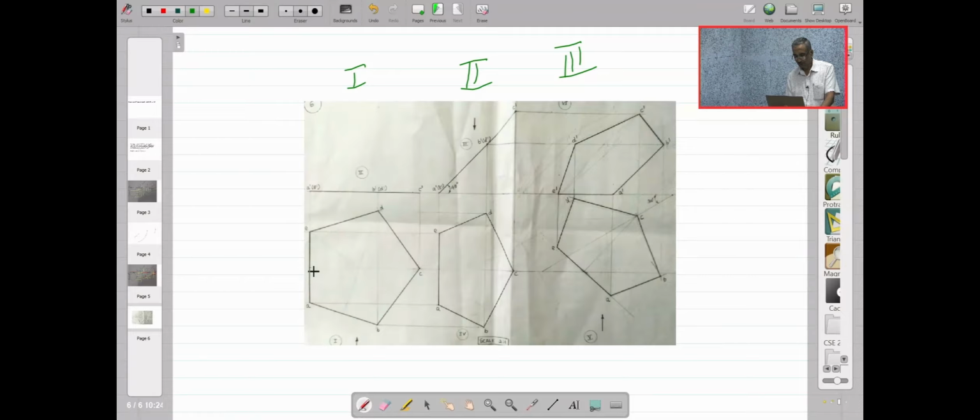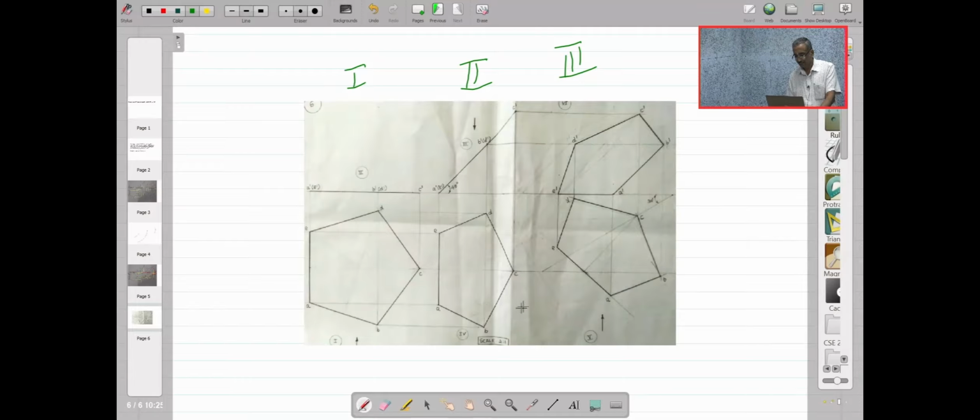I have taken this true length here and marked this true length here, and from here I have drawn a horizontal line. Then I have taken this apparent length as radius, this point as center, and drawn an arc to cut the horizontal line. Now I got this point F1. So I have joined this one, and with that I have completed the top view.